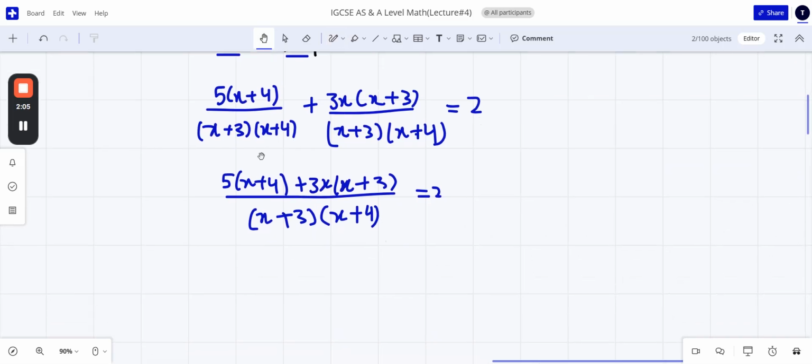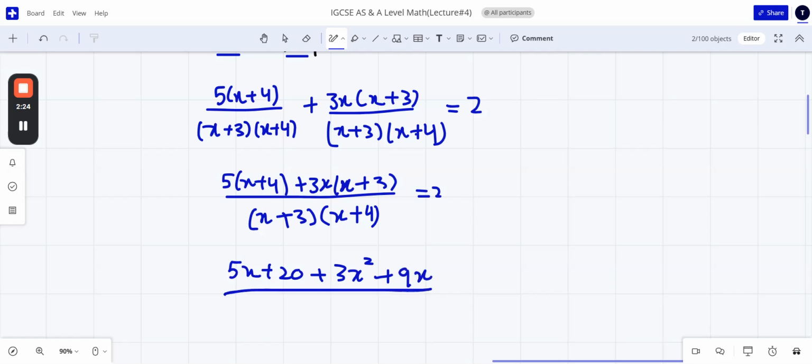So now we have to expand the brackets. The top one: 5x plus 20, and 3x we will multiply with x, it becomes 3x squared, and 3 times 3 is 9x. Same as it is, we will multiply the denominators, x plus 3 and x plus 4. x we will first multiply with x and 4. Then we will multiply 3 with x and 4. So x times x would be x squared.